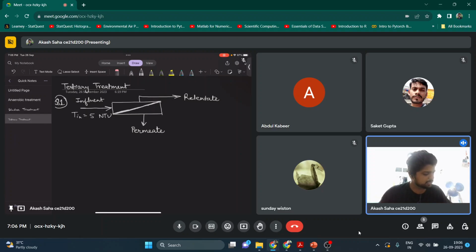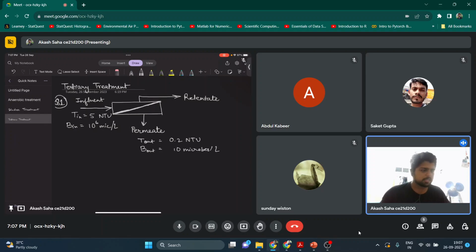So suppose the bacterial count I will write as B in, as 10 to the power 6 microbes per liter. So this is the influent that is coming. And what is coming out of the membrane? So T out will be 0.2 NTU, and the bacterial count B out will be, suppose, 10 microbes per liter. So this is what is given in the question. So we have to find out the log rejection.